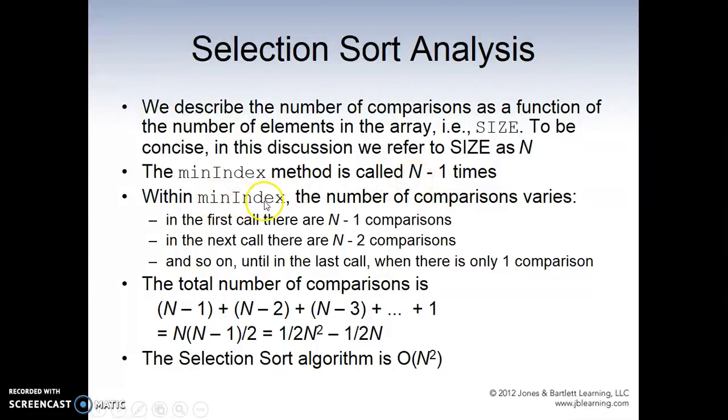And within min index, the number of comparisons varies. The first call has n minus 1 comparisons. The next call has n minus 2 comparisons, and so on until the last one is 1, because you have to compare every time. So the total number of comparisons is going to be adding up until 1.